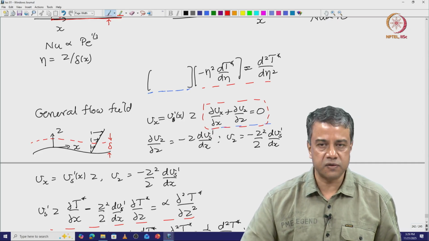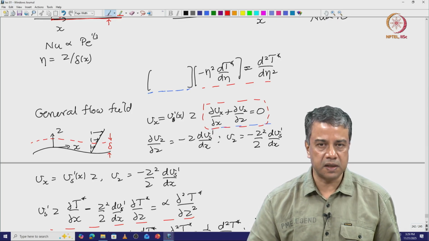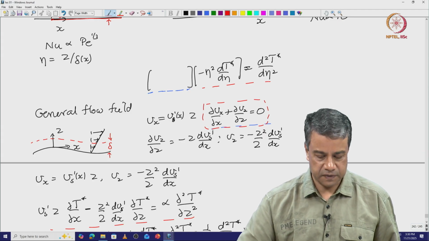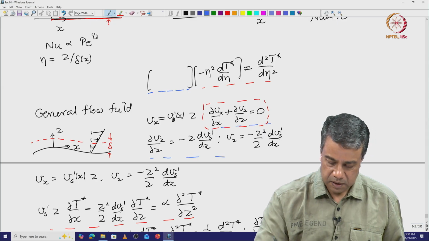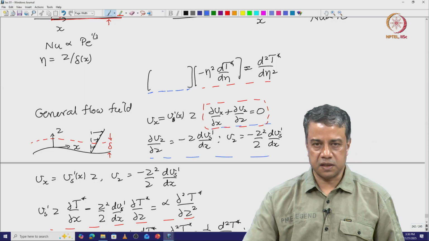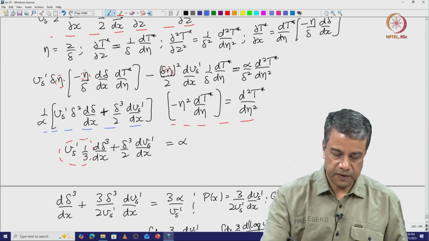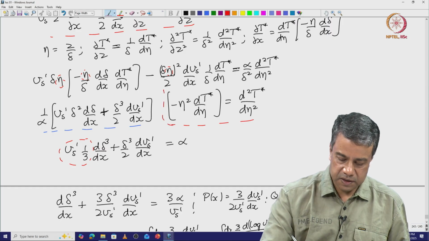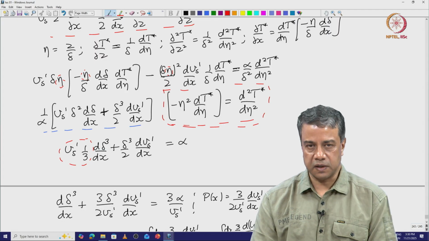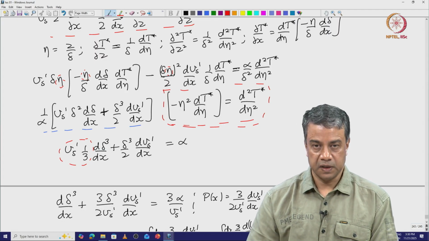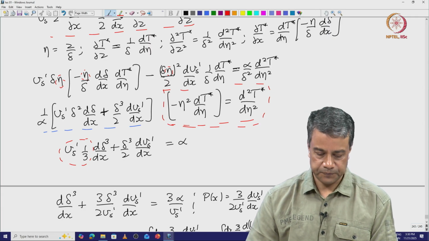In the diffusion part of the equation, for the del alpha times del square t, you can consider the surface to be a flat surface. Substitute these general expressions for the velocities in the streamwise and cross stream direction close to the surface. With those general expressions, we find that there is a universal form for the temperature field as a function of the similarity variable eta. That has a universal form, provided there is a no slip condition at the surface, regardless of what the nature of the surface is.